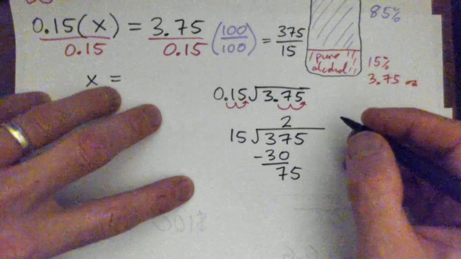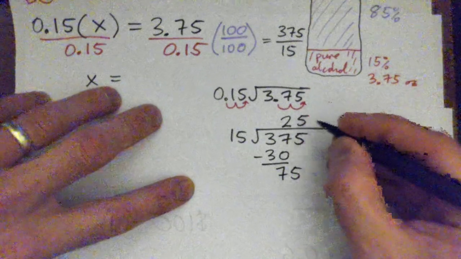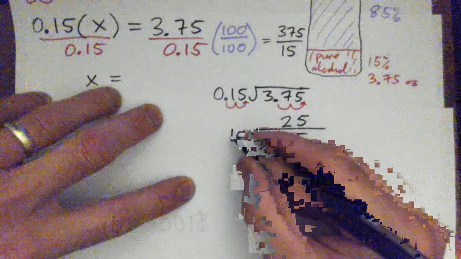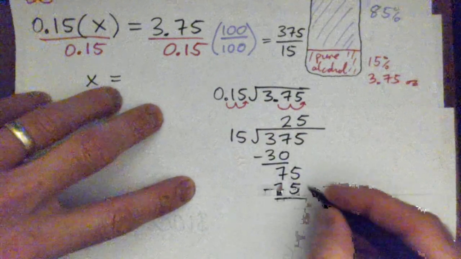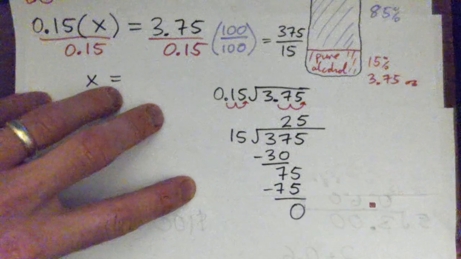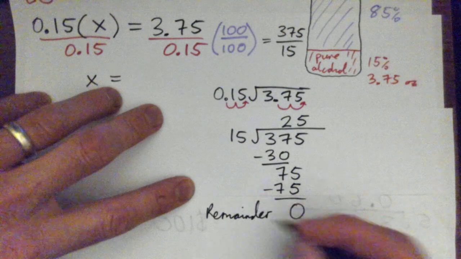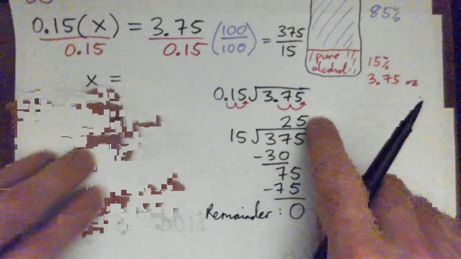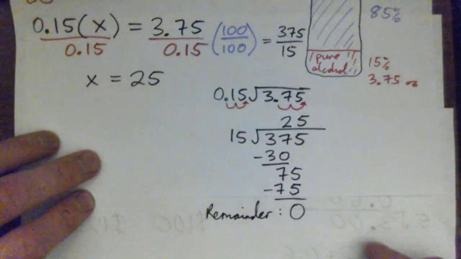Yeah, 5 is a good guess. 5 times 5 is 25, carry 2. 5 times 1 is 5, plus 2 is 7. Now subtract, and you get remainder 0, right? That's perfect. We don't have to go any further. 15 into 375 is exactly 25, so X equals 25, right?